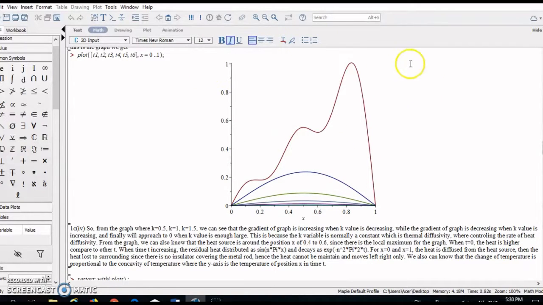This we can know from the first equation. The heat equation is del u del t equals k del square u over del x square, meaning that from here we can know it is directly proportional.